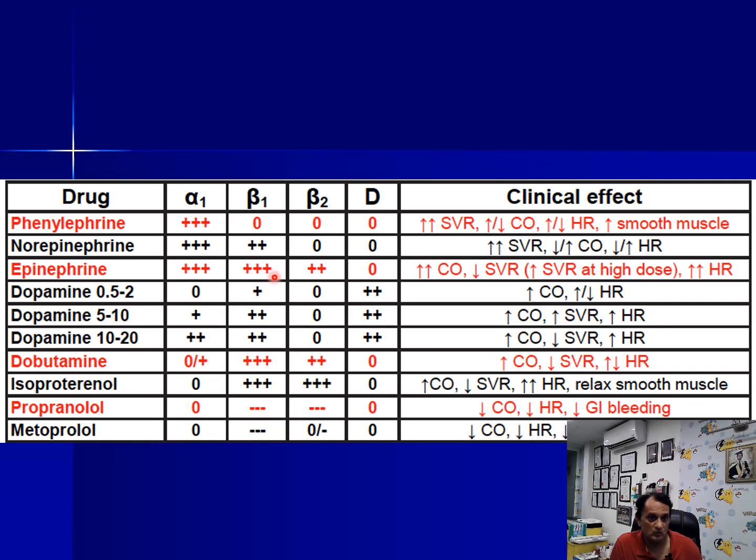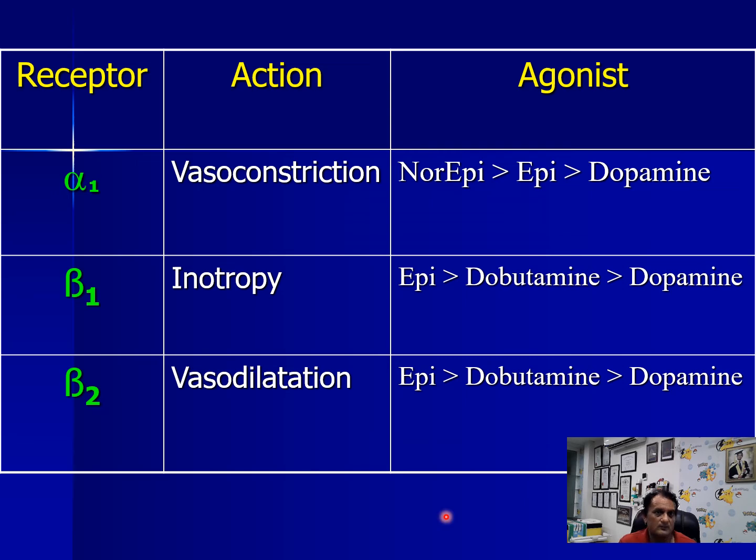Epinephrine also has beta 1 and beta 2 effects, which you especially use in asthmatic patients. The rest of the drugs are not much promising in pediatrics. We know that alpha 1 effect is mostly vasoconstriction, and norepinephrine has the highest effect, later epinephrine, and the least is dopamine.